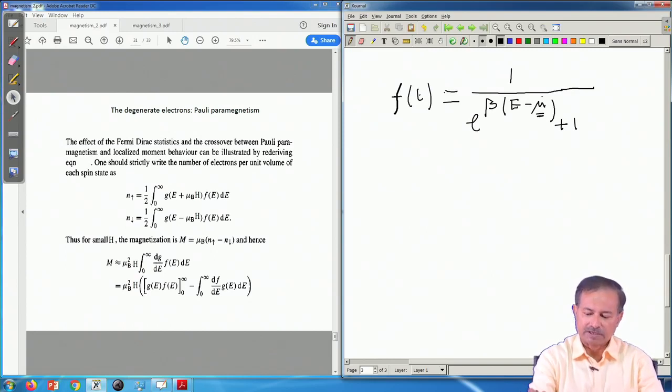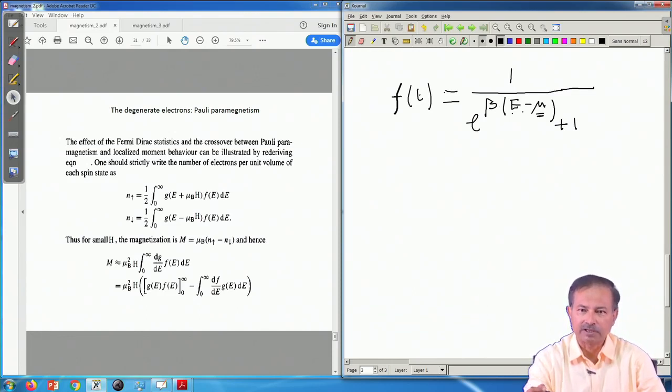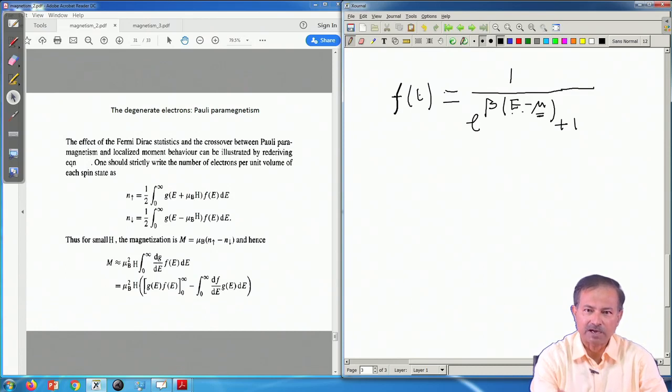So it is the same value that we had for H equal to 0. The same μ is being used for both n up and n down, and F(E) is not different when H equals 0 and H not equal to 0. That is not completely correct, but there is an argument that tells you it is the same to first order.